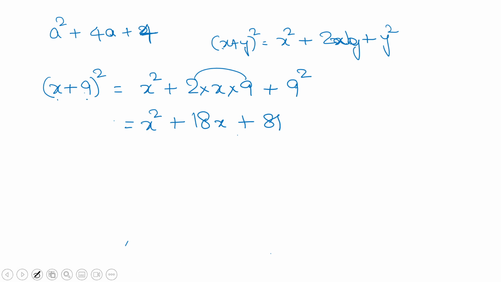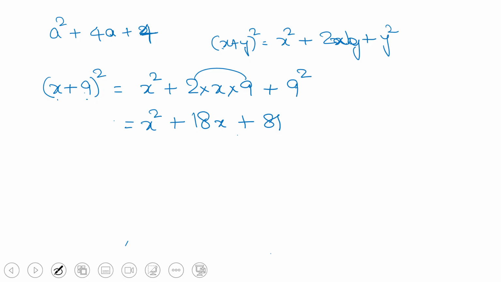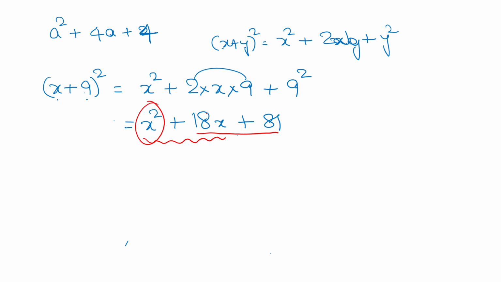One mistake students generally make is that they add x square and 18x as 19x square, or they add 18x and 81. Can you add these three different terms? There are three different terms. You cannot add x square to x, because they are not like terms. In the same way, you cannot add 18x to 81 because they are unlike terms.